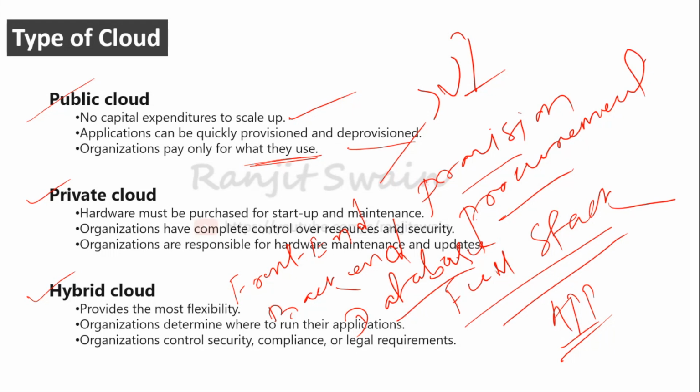So in case of the hybrid model, you have to decide where your front end will run. Suppose I want my front end to run in the public cloud because it is public facing. No problem, if I put the front end in public there is no harm. But the backend and database I don't want to put in public cloud because they are not public facing.